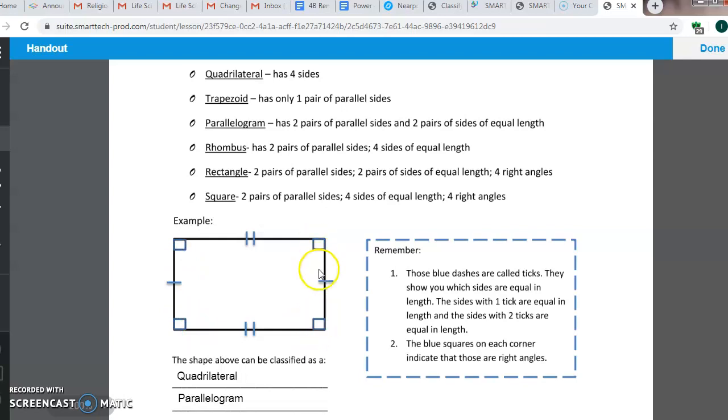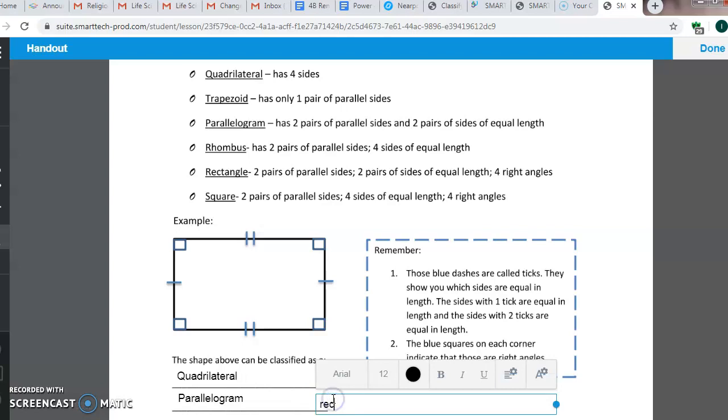These blue squares indicate that those are indeed right angles. Well, let's count up the right angles. 1, 2, 3, 4. That means we do have four right angles. And since each one of these definitions for a rectangle is true, that means that this shape is also a rectangle. So let's go ahead and name this a rectangle.